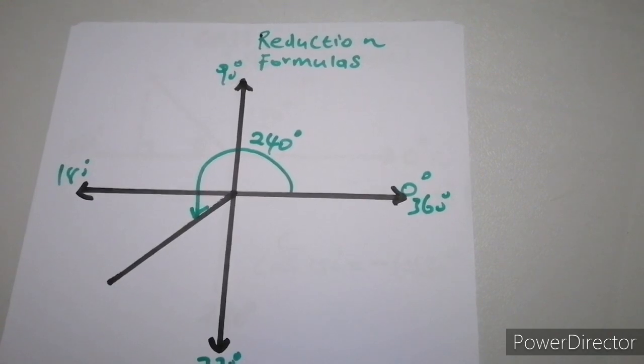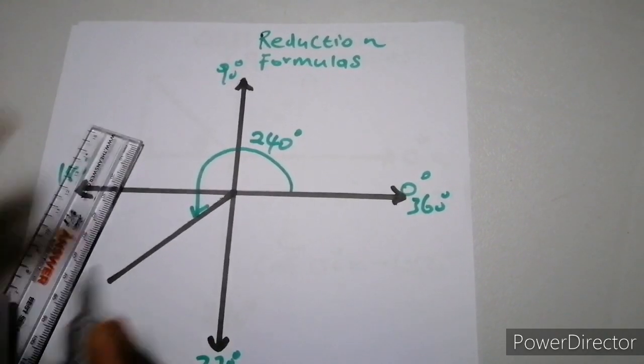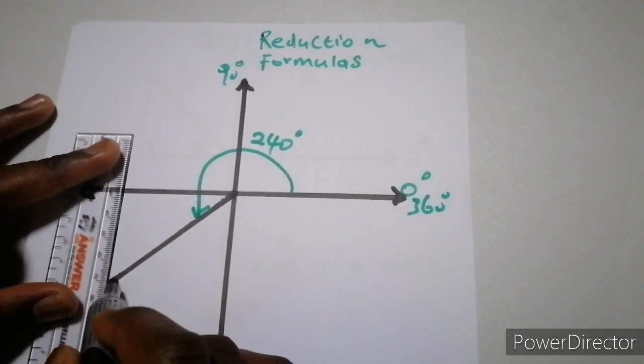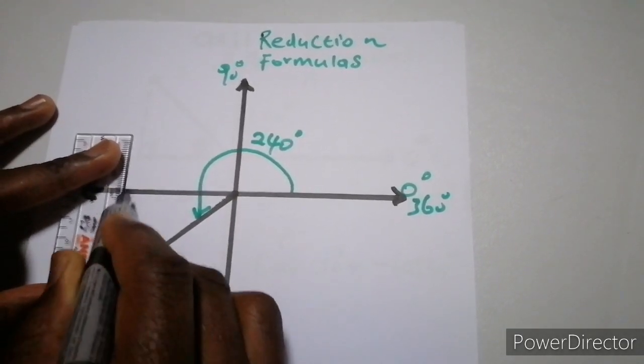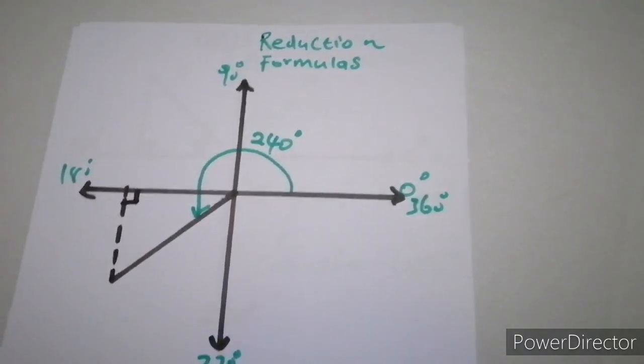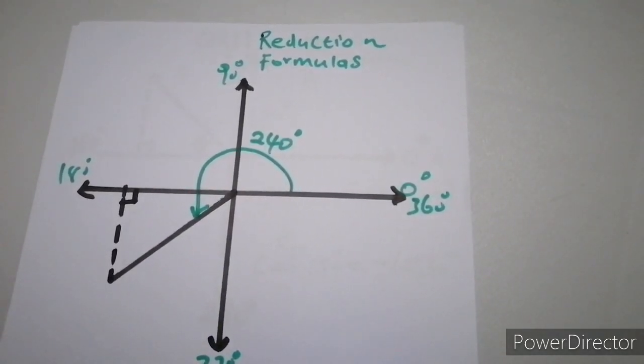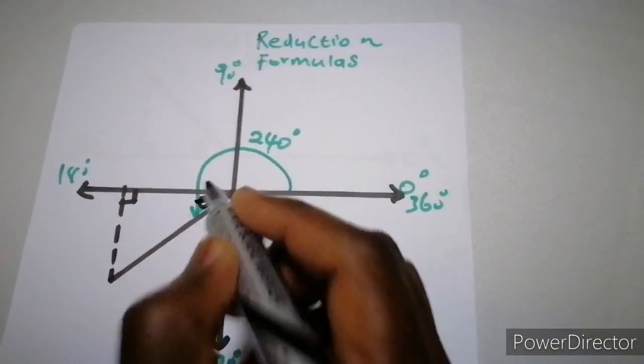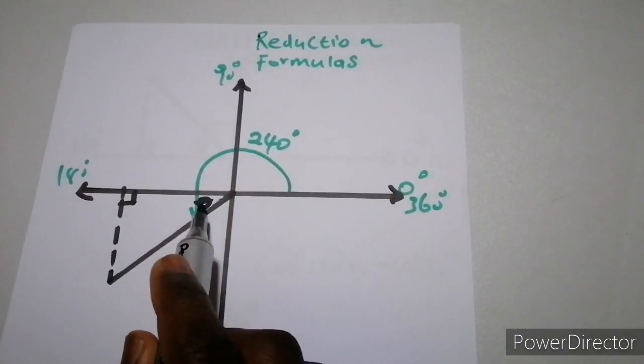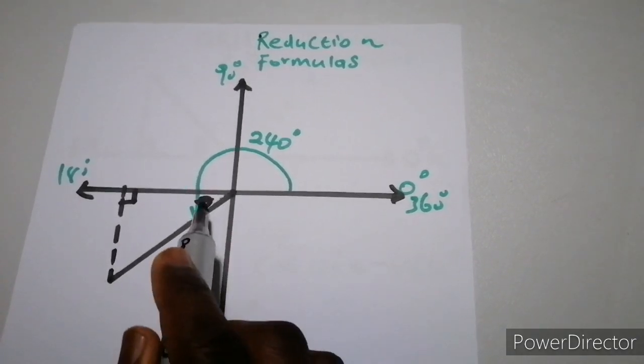Right, now when we join from the end of the arm, we always join in connection with the x-axis to form a right angle triangle. Right, now the reduction formula again. Now we're going to use a function. Now this angle inside this triangle, let's say it is theta. Now what is the size of theta?